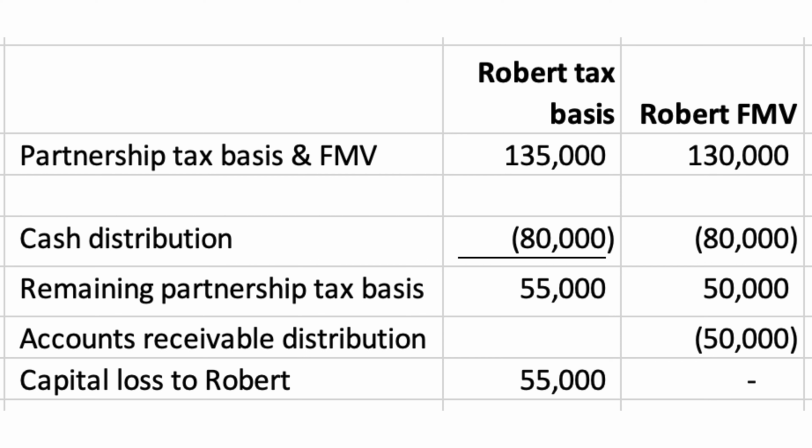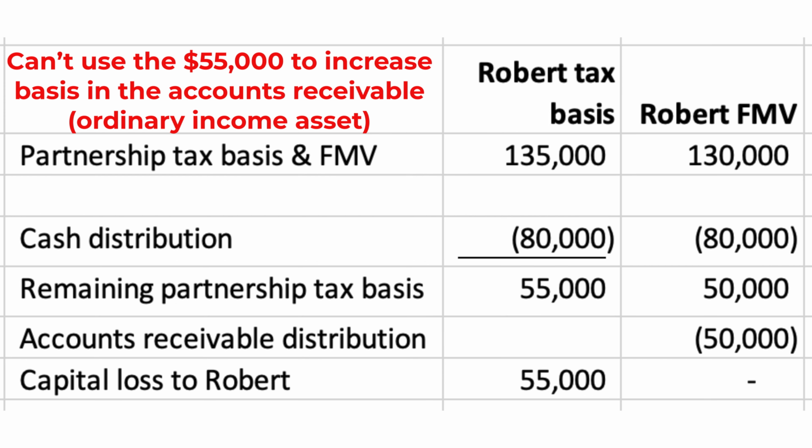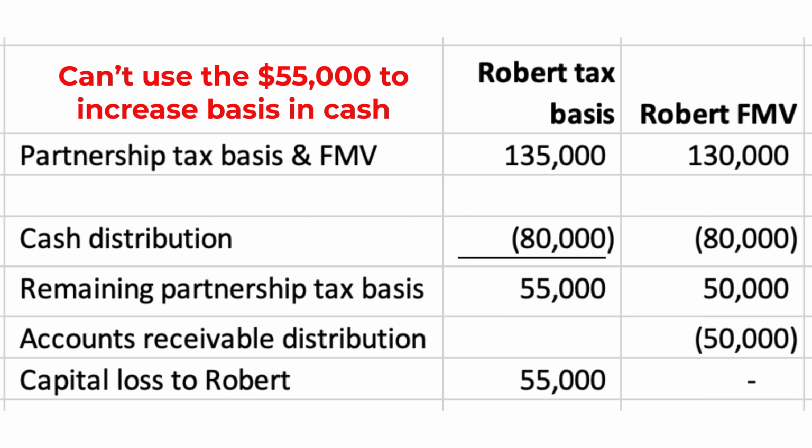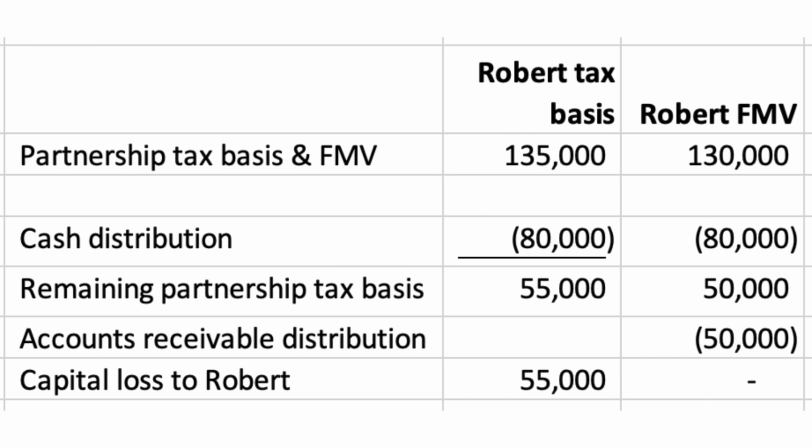Section 732 doesn't allow him to increase the basis of the accounts receivable beyond carryover tax basis, and he can't increase the tax basis of the cash beyond its value. So the only thing left for Robert to do, if the partnership liquidates, is to recognize a $55,000 capital loss.